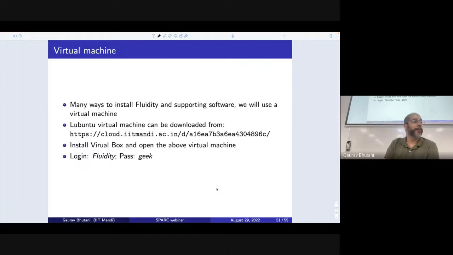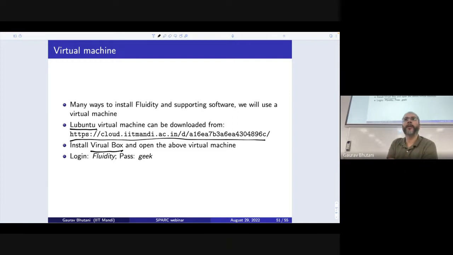So there are multiple ways to install Fluidity. It works very well for Linux-based systems. But to avoid that, I've created a virtual machine, which can easily be opened in VirtualBox software. If you have a Windows or a Linux machine, you download VirtualBox software, and you download the virtual image from this link. It's an LXD based Ubuntu virtual image.